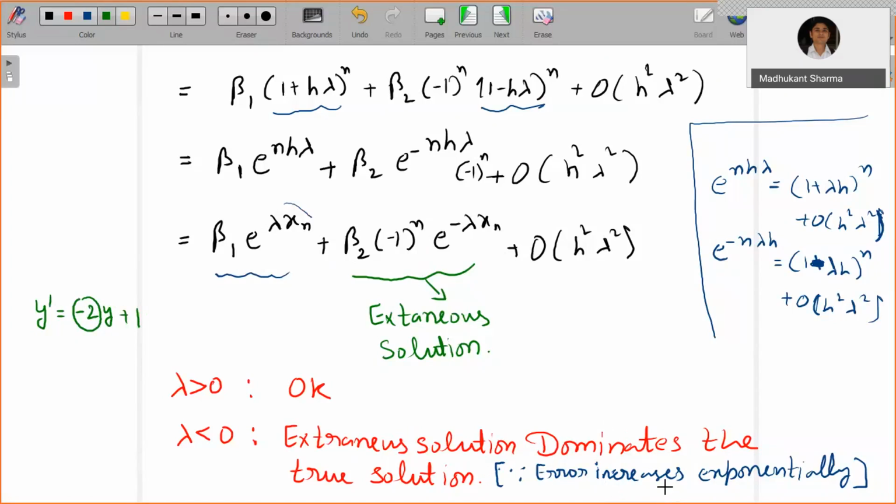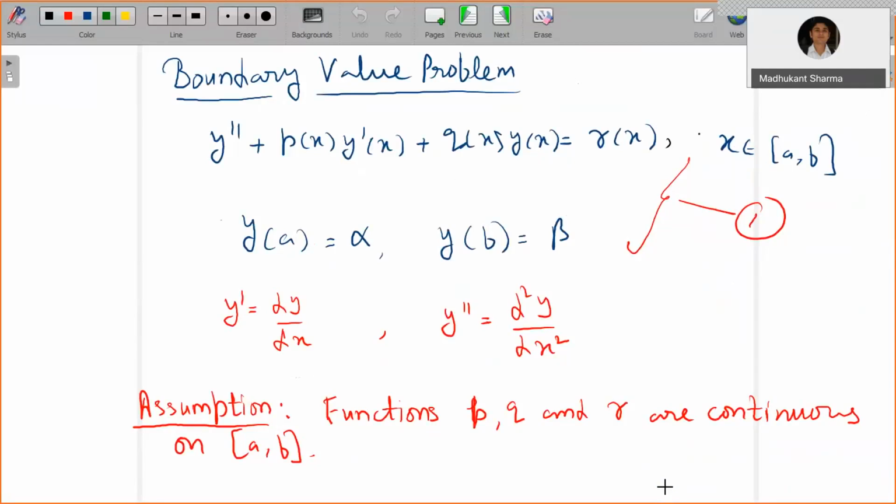Okay, fine. Right. Now next we are going to consider boundary value problems, and we try to see how we approximate the solution for them. As told previously, we are going to consider second order differential equations with variable or constant coefficients, with two conditions, y at a equals alpha and y at b equals beta.